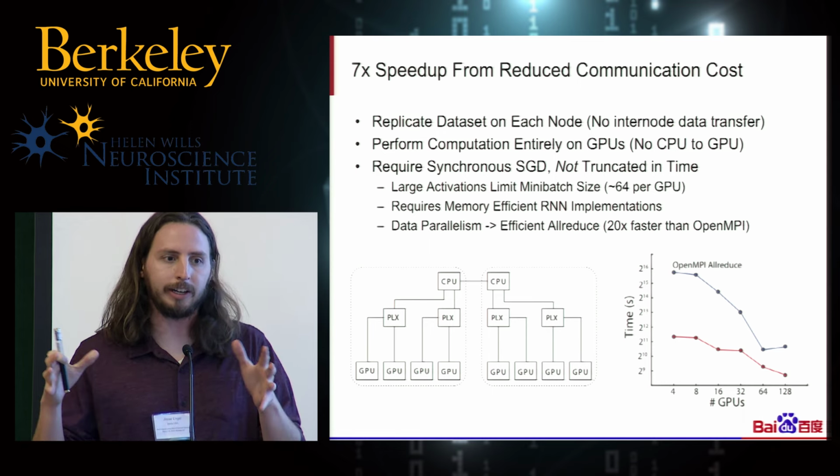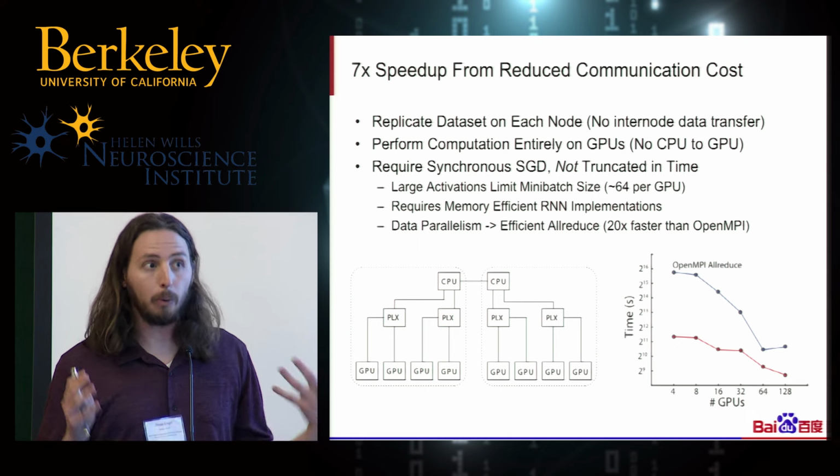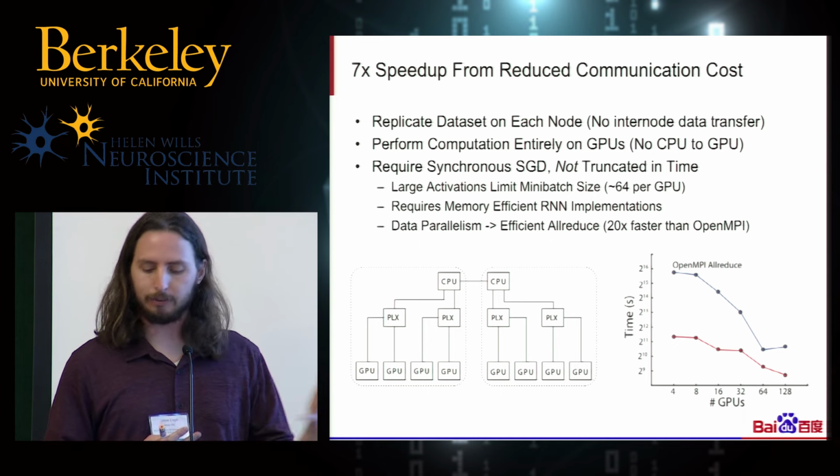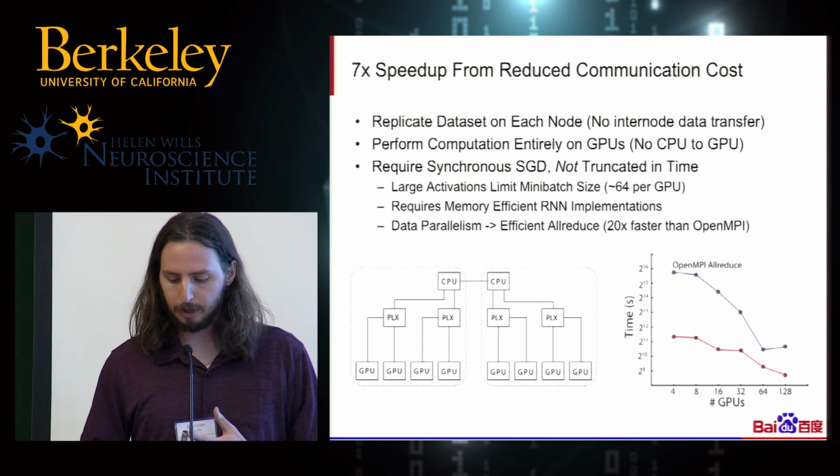We replicated the data set on every single node. And then to get rid of any CPU to GPU communication, we made sure that every kernel that we needed had a GPU version. So even including the connectionist temporal classification cost, we wrote our own kernel to do that, which was hundreds of times faster than doing it on the CPU, but more importantly obviated the need to communicate back and forth between the GPU and the CPU.